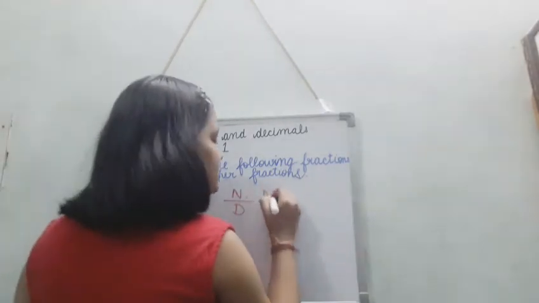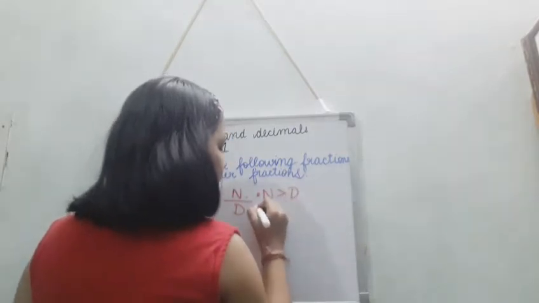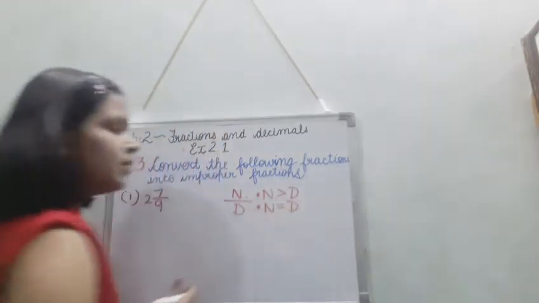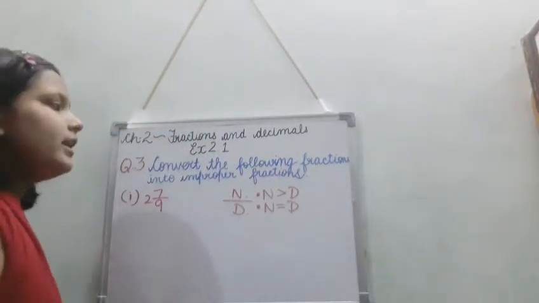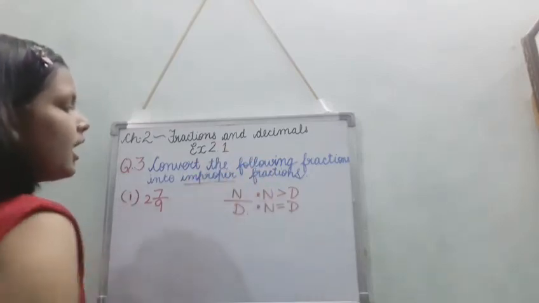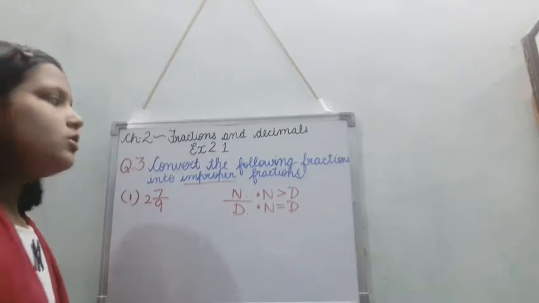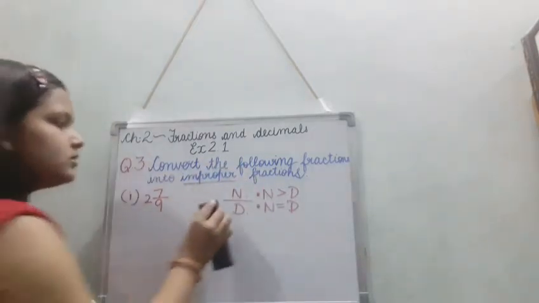The numerator is bigger than the denominator, and secondly, the numerator and denominator are equal. Means wherever you see the numerator is bigger than the denominator, you will find it as an improper fraction. And if the numerator and denominator both are equal, then also they are improper fractions. Okay, so let's solve this sum.